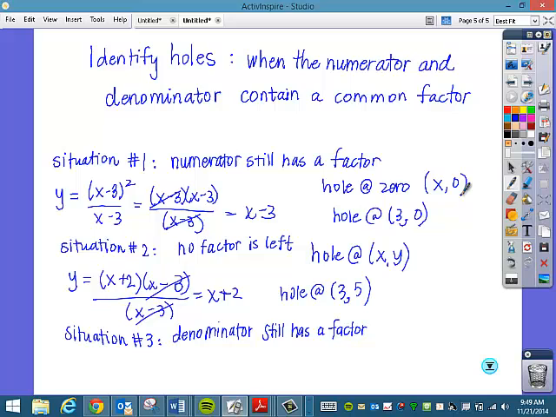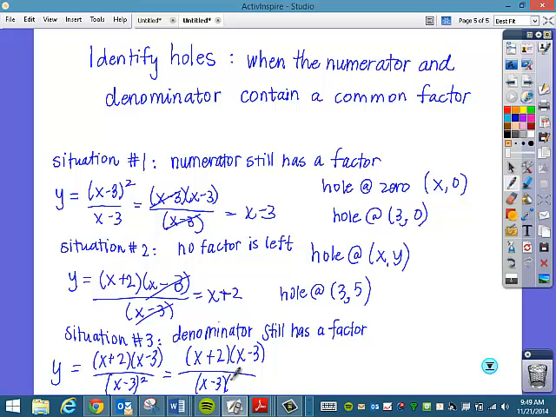And the third situation is when your denominator still has a factor after you expand and cancel out. So if we had (x plus 2)(x minus 3) over (x minus 3) squared, and you expand that out and cancel, you're left with x plus 2 over x minus 3.